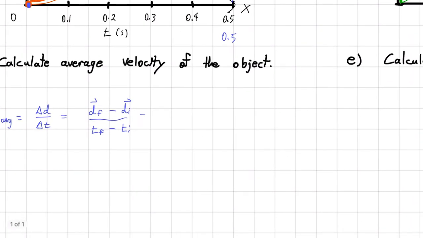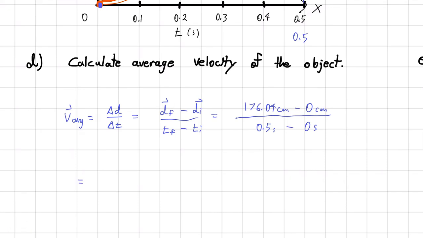So let's fill in our formula. Sorry, I'll try to do this a little neater. And over time, so 0.5 seconds minus 0 seconds. Moving on to the next line.